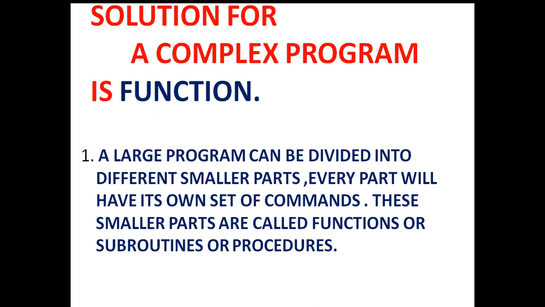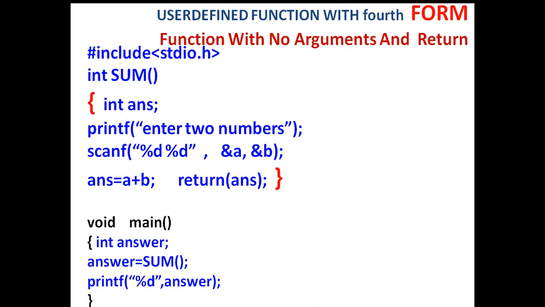First, let's learn how to create a function with the fourth category. First of all, #include <stdio.h>. Everyone knows whenever a C program is written, the first statement we need is #include <stdio.h>.